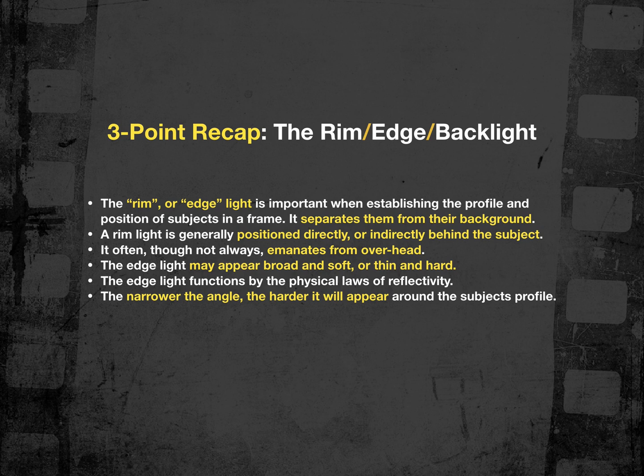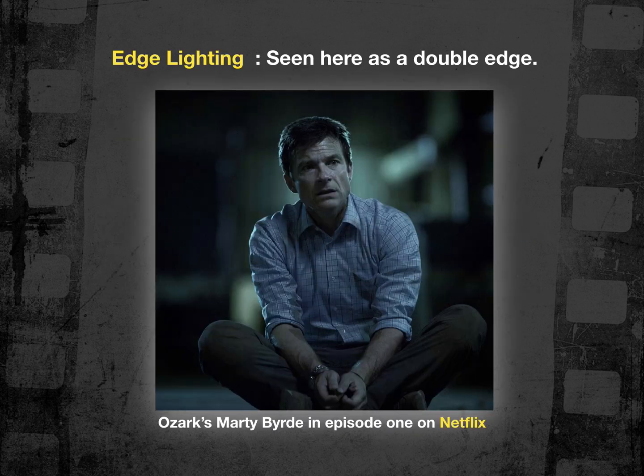This is your edge light, and like I said, it's all subjective. You may prefer to shoot without them, but there are occasions where an edge light is really going to be appropriate. So here's Marty handcuffed and sitting on the floor of a warehouse.